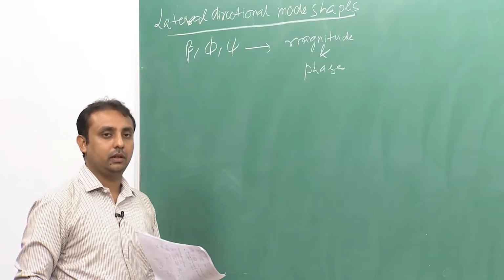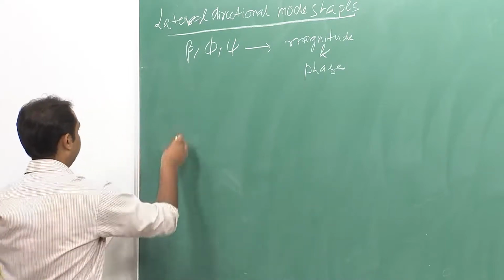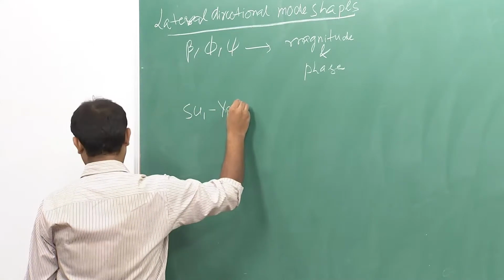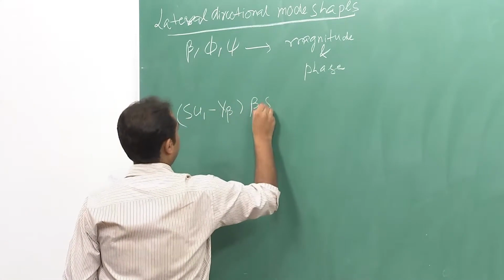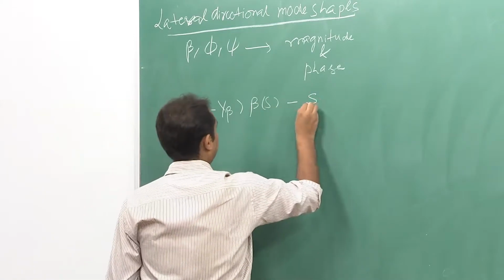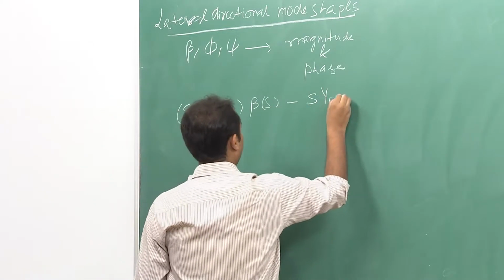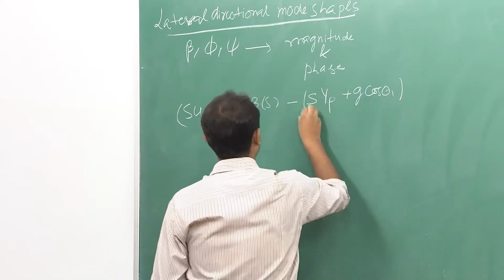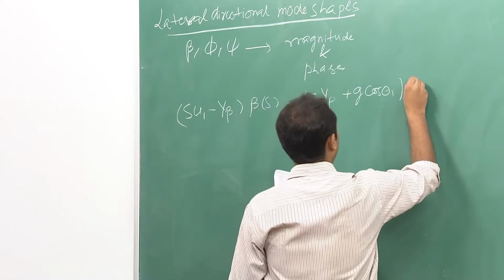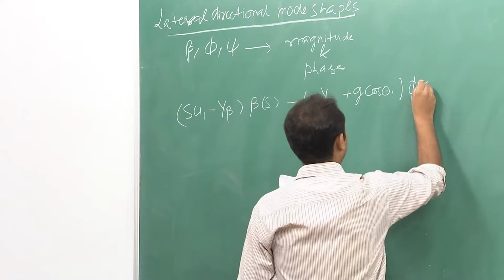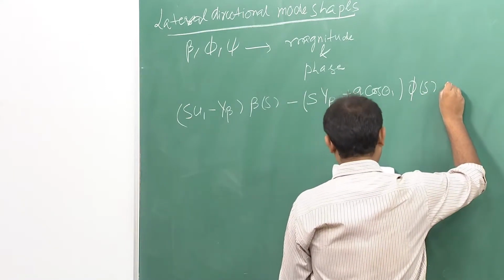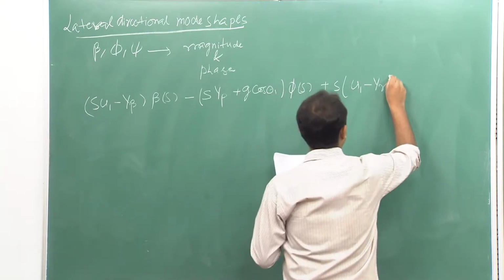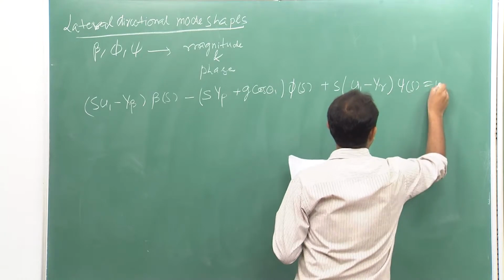Your differential equation in Laplace transform will be: (s u1 minus Y beta) into beta of s, minus (s Y p plus g cos theta 1) into phi of s, plus (s u1 minus Y r) into psi of s equals 0.